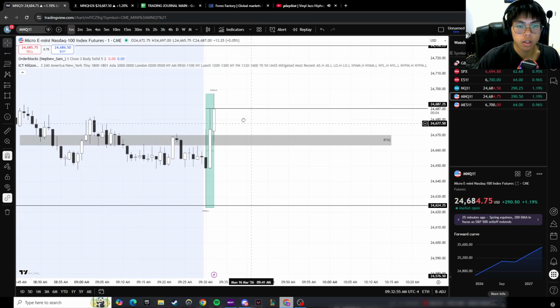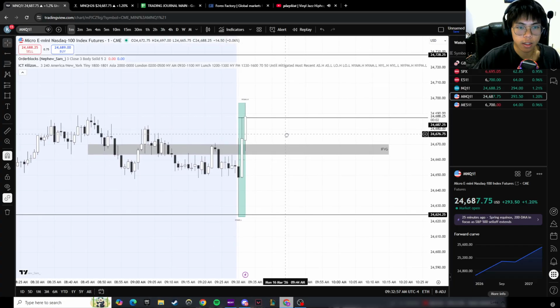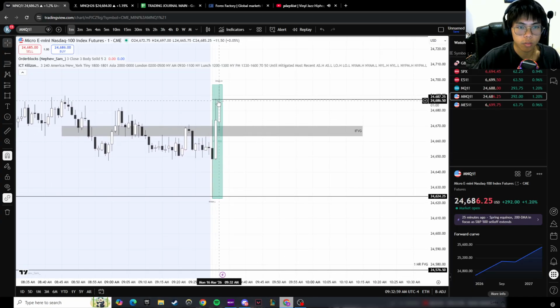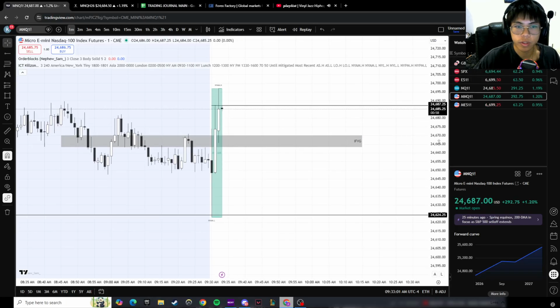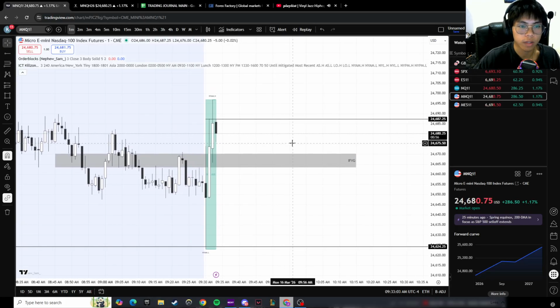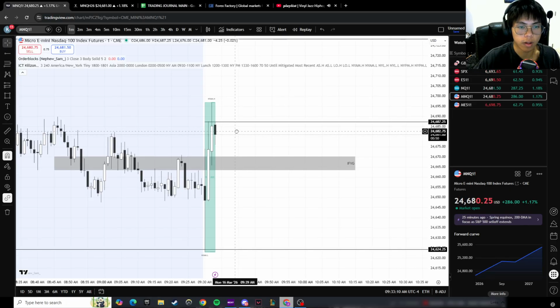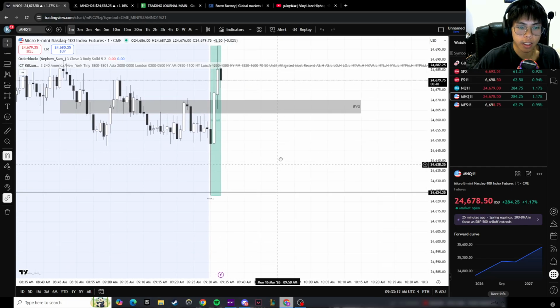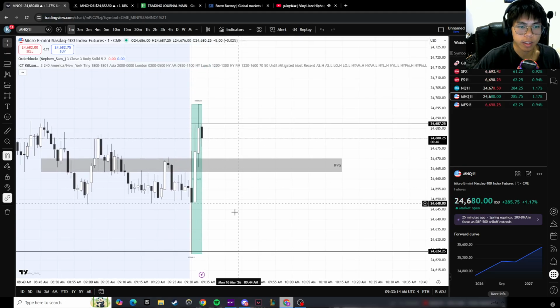Another thing too is that if this doji forms right here, not even a doji, our 930 high got taken out, so I do want to see price go back down.